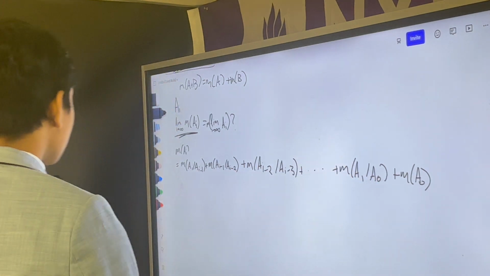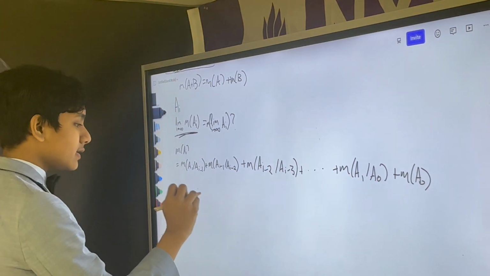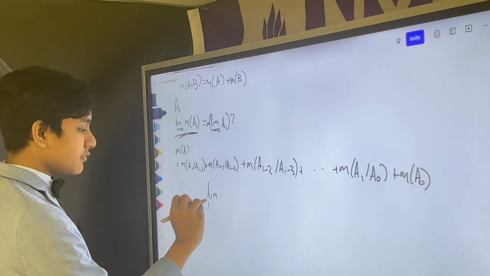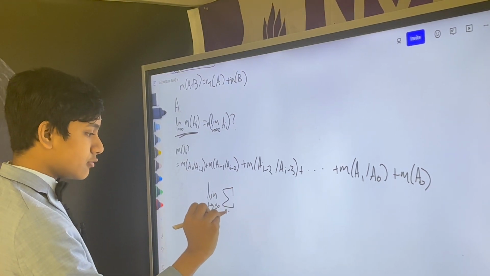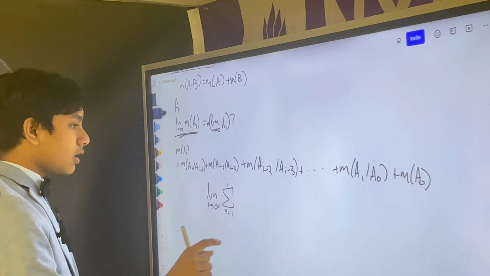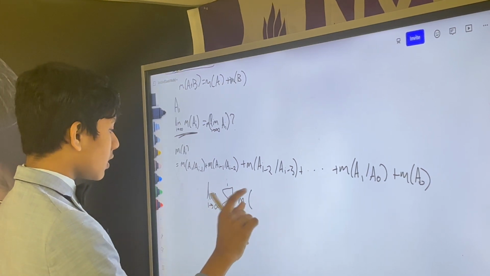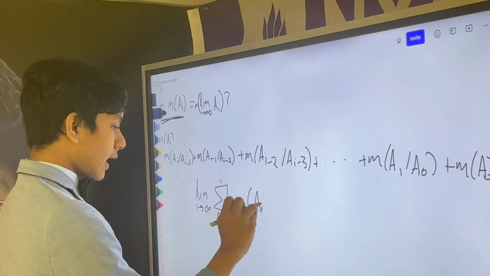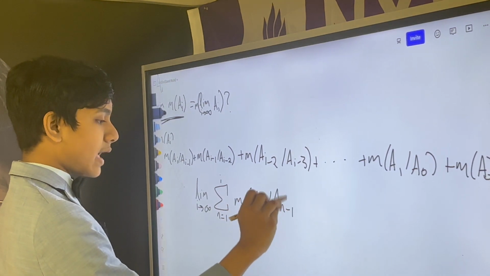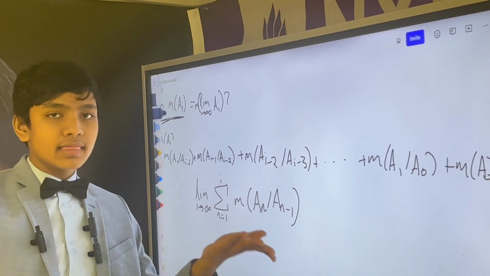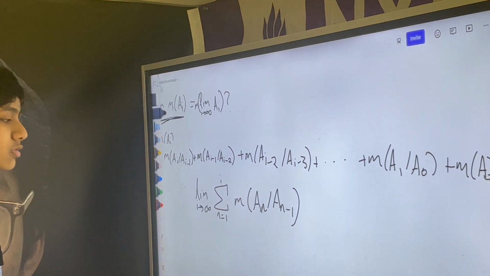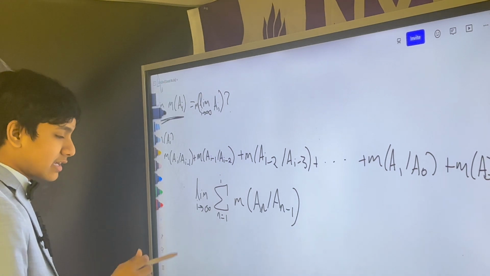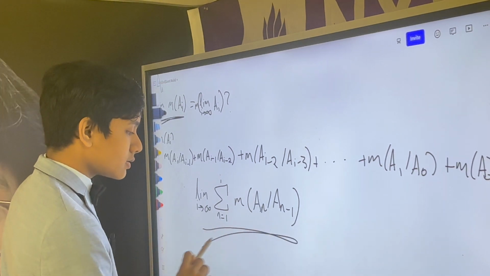Really, what you're doing here is writing the limit as i approaches infinity of the sum from n equals 1 to i of m of A_n without A_{n-1}, the nth growth, ending with the last growth, the ith growth.